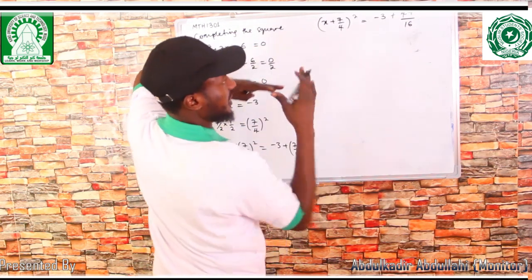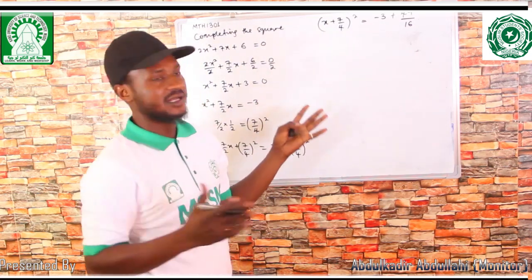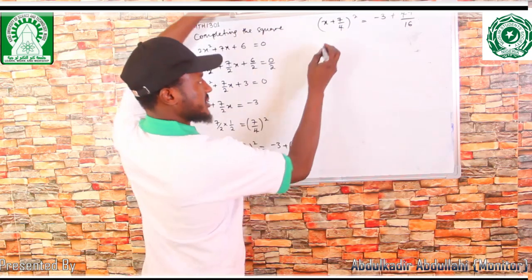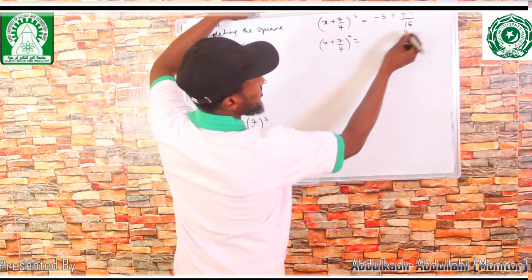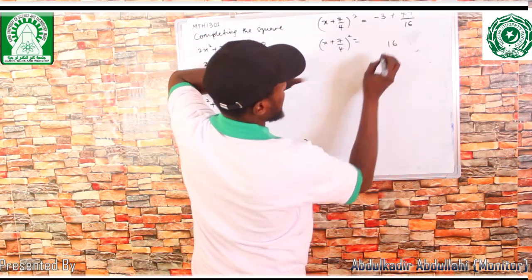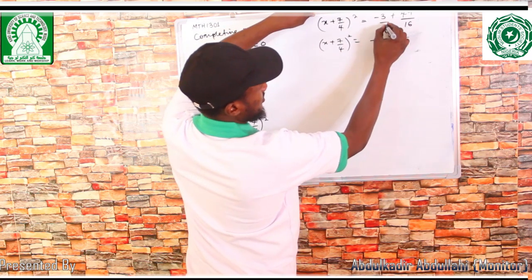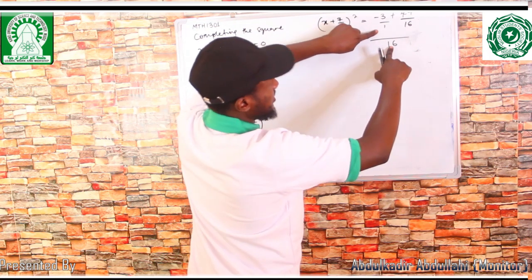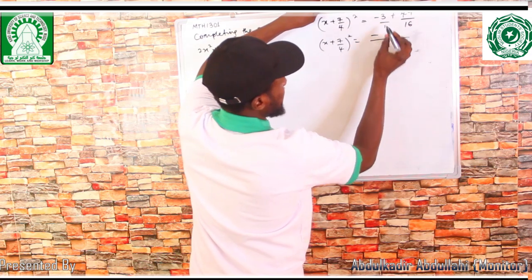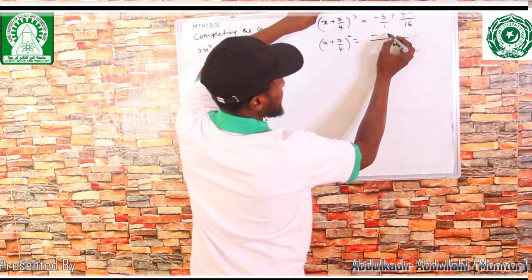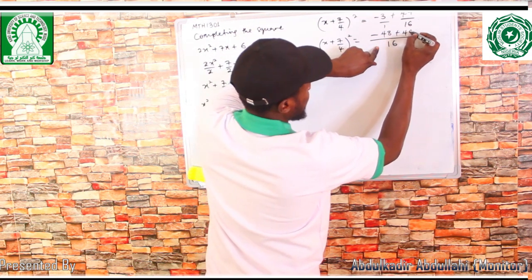Next, we solve the right hand side to make it a single fraction. The LCM here is 16. 16 times minus 3 gives minus 48, and we have 49 over 16.